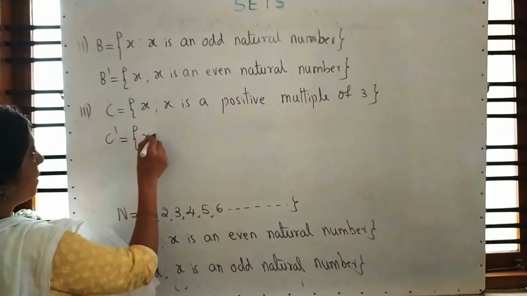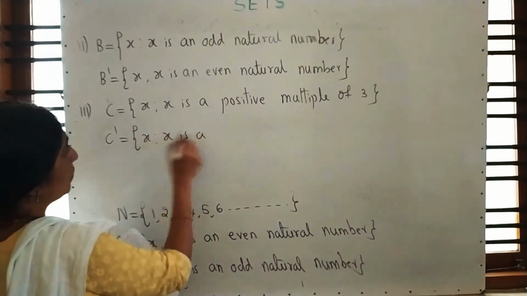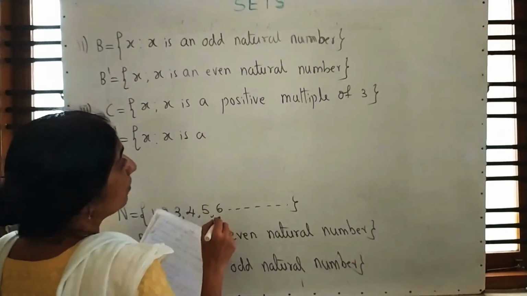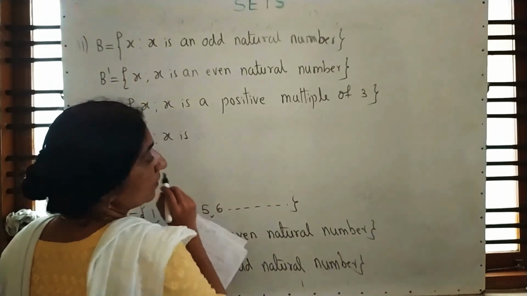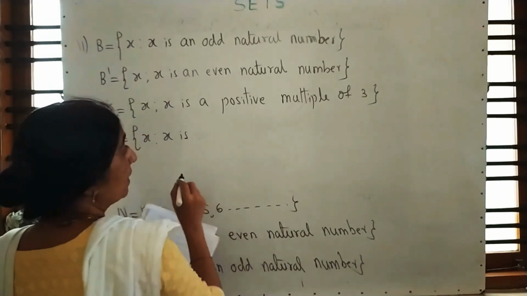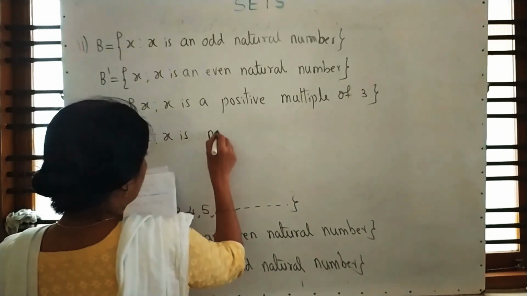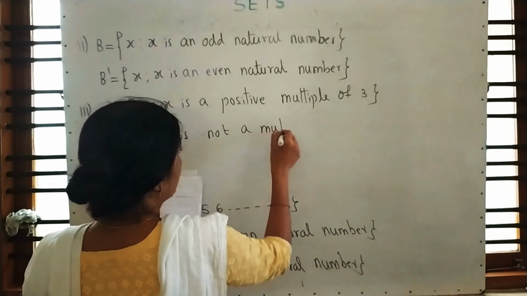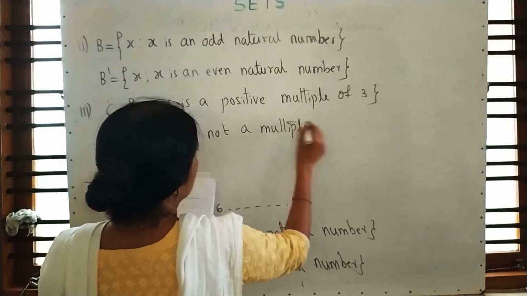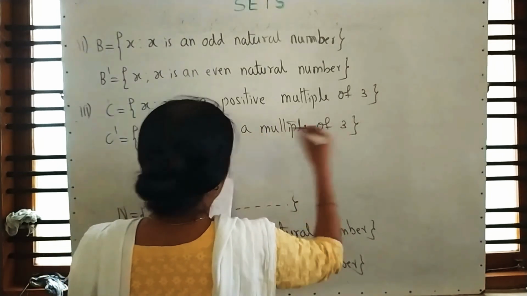Complement is x such that x is not a multiple of 3.